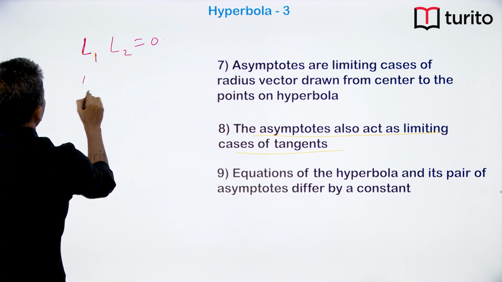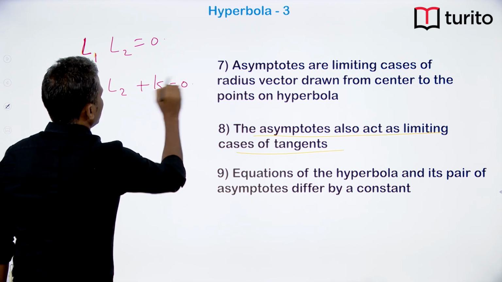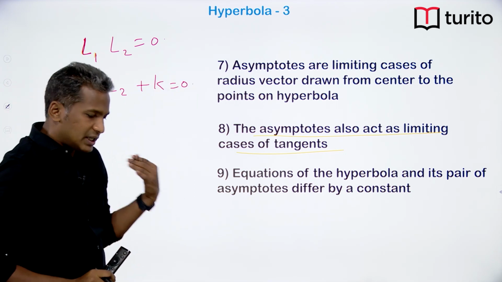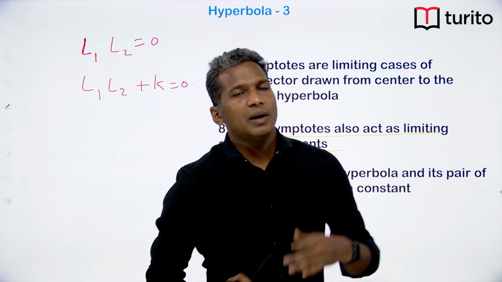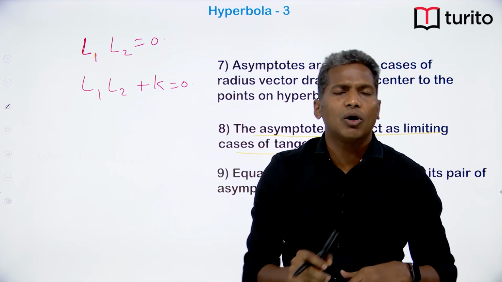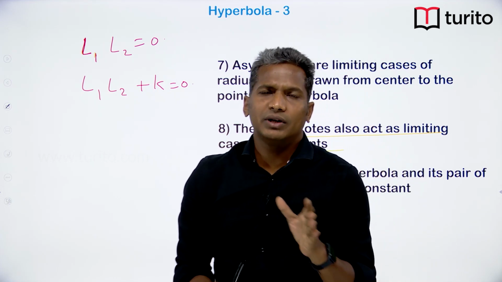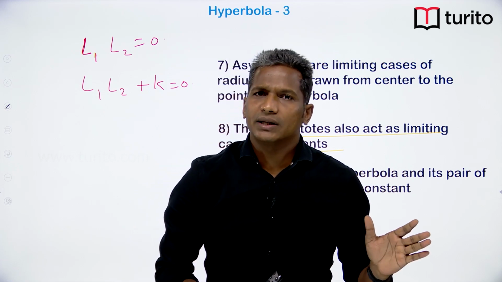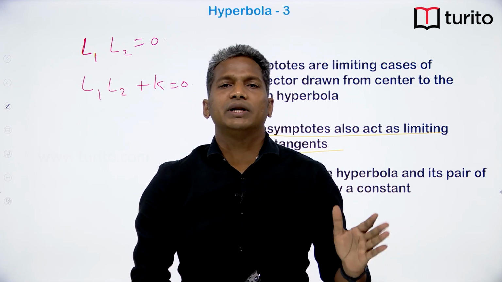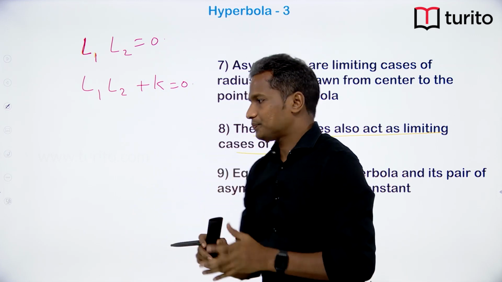So, if I write L1 L2 plus a constant equal to 0, I will definitely get the equation of a hyperbola. Now, k depends on the points through which it passes or the given conditions. So, if the asymptotes are given to be L1 and L2, we can always take the equation of the hyperbola as L1 into L2 equal to a constant, or the other way.